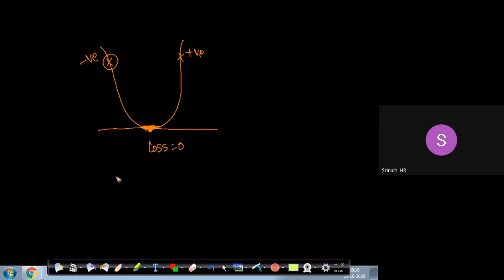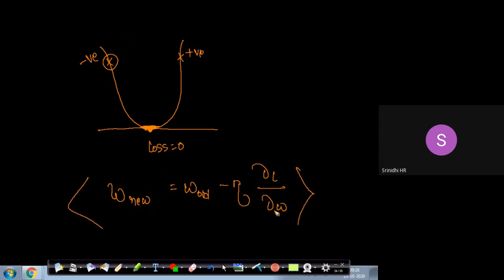So what is the weight? To calculate the weight with respect to back propagation, W new is equal to W old minus eta times the derivative of loss divided by the derivative of weight. So the new weight is calculated using this formula.